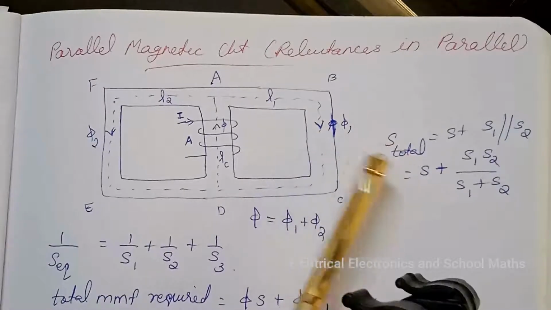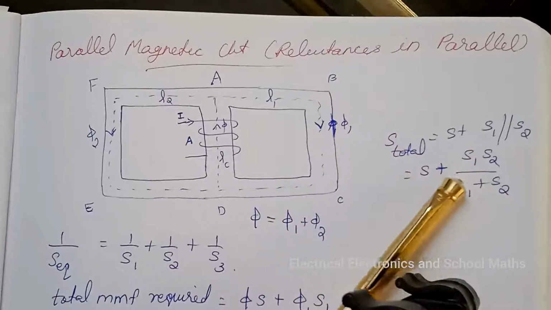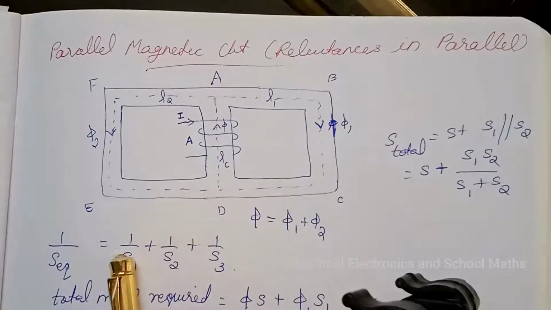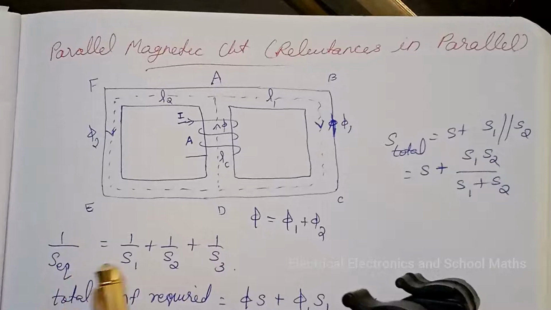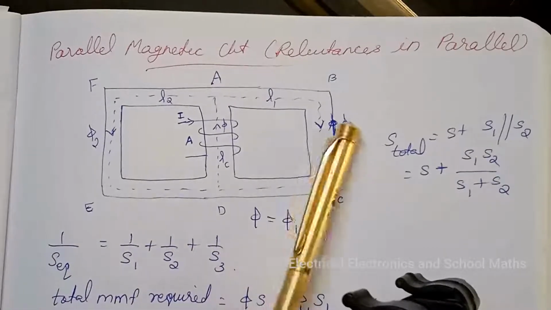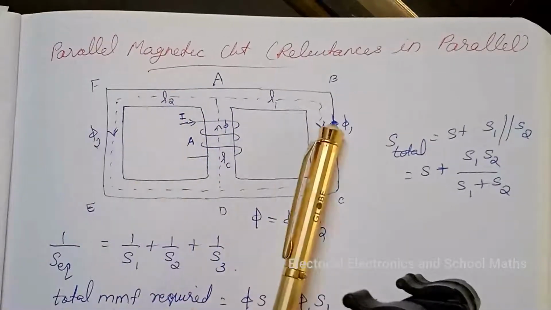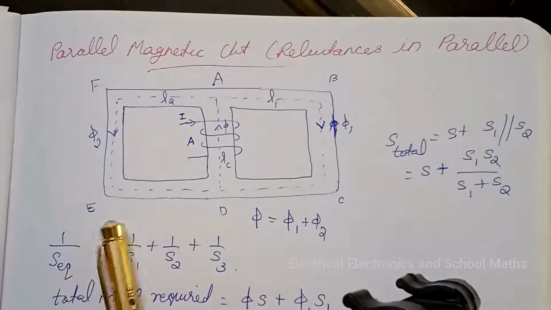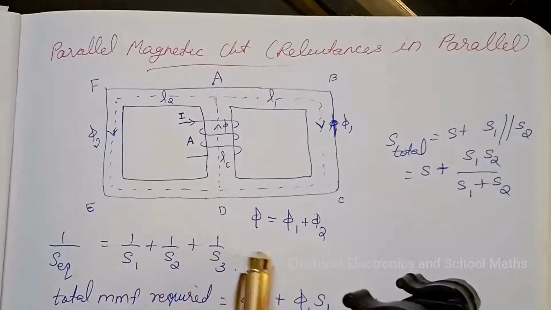So the total reluctance in this case is S plus S1 S2 divided by S1 plus S2. In other words, for the parallel magnetic path, 1 by S equivalent is equal to 1 by S1 plus 1 by S2 plus 1 by S3, and so on.